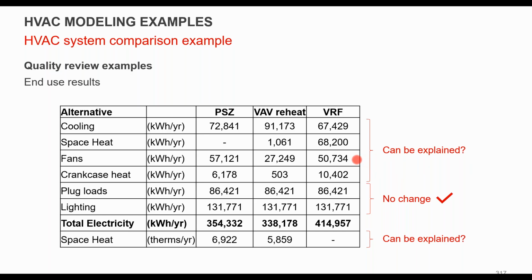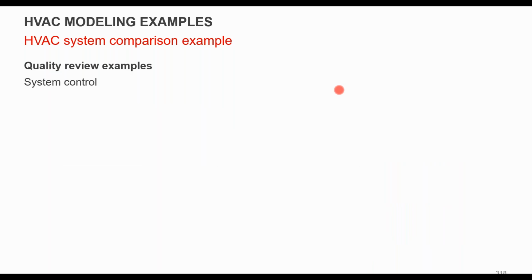Is this a lot of indoor high static, ducted units? Then yeah, that fan power is probably going to be a little bit higher. But this VAV reheat seems a little bit low compared to what you would expect. But again, it is running down to 30% minimum flow, and it's roughly the same airflow, so you're going to see some reduction. But good question. And also the DOAS and the VRF option is running constant volume. So that's another reason for it to be a little bit higher.